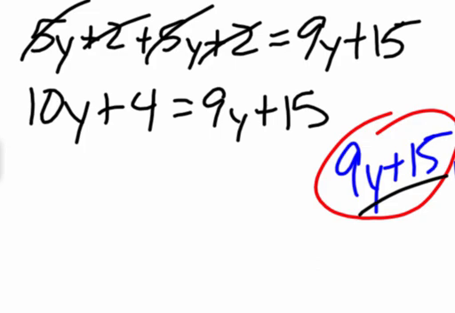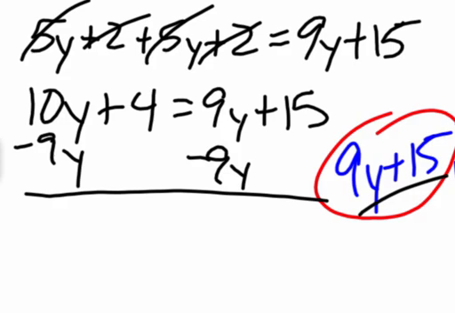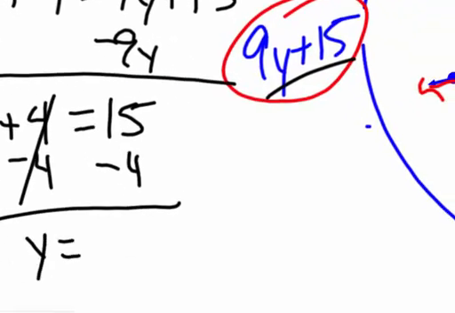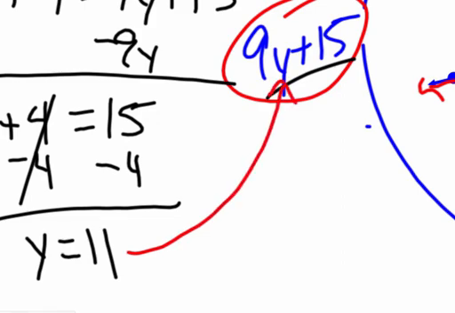Get your variable to one side. I want to keep my y positive, so I'm going to subtract 9y from both sides. So this becomes y plus 4 equals 15. To solve for y, we subtract 4. Whatever I do to one side I do to the other. Y equals 11. That's not my answer, though, because we have to go back and plug it in, since we're looking for what JKL is.